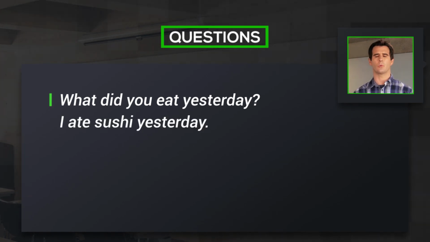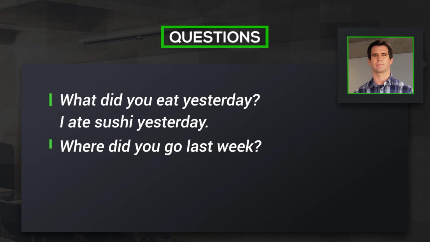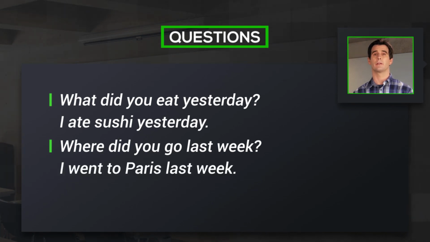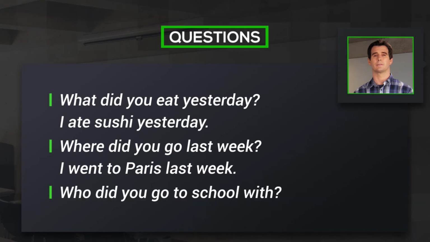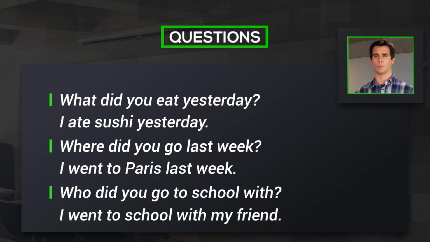Can be answered with, I ate sushi yesterday. Where did you go last week? Can be answered with, I went to Paris last week. And who did you go to school with? Can be answered with, I went to school with my friend.